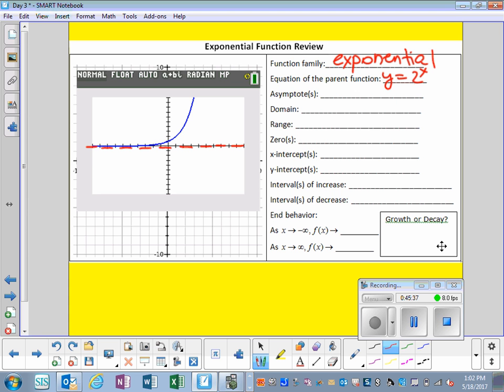Because I can take 2 to the power of negative 10, 0, positive 10. There are no restrictions on x. No vertical asymptotes here. But because I can never get a negative number out of here, whatever x I choose, that's why we have restrictions on the range, right? My graph lives above my asymptote, right? So here is my horizontal asymptote.